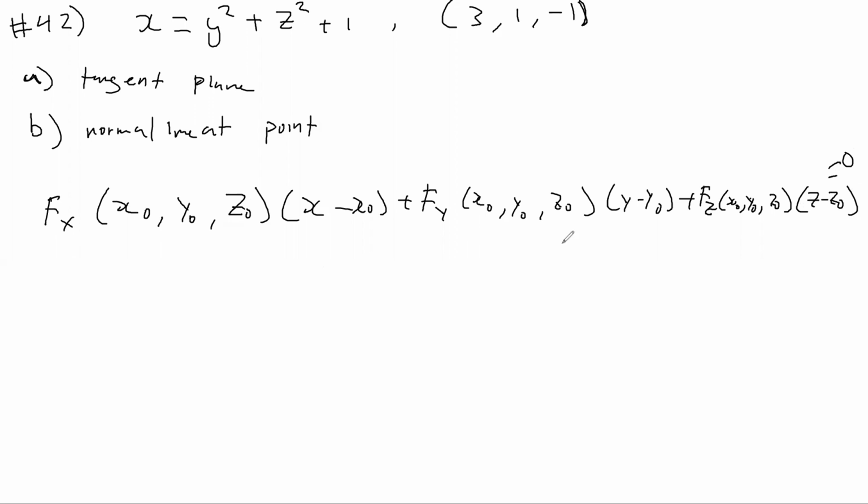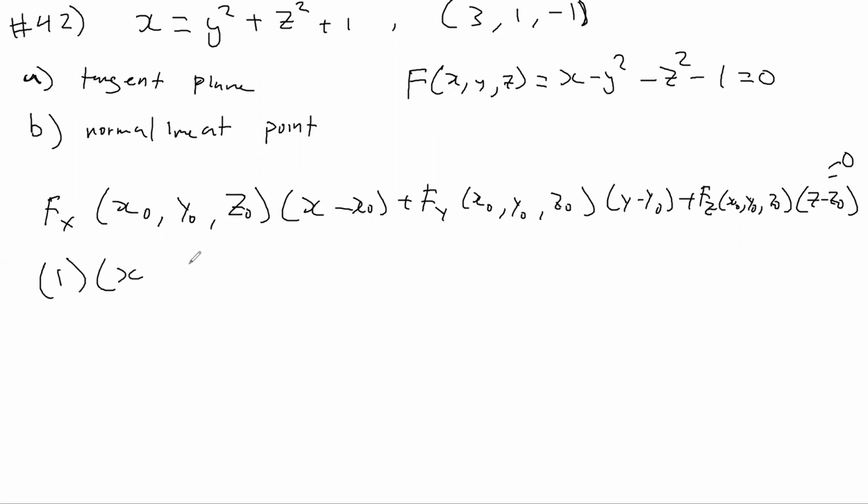All right, so solving this equation, what you can see is that we need a function f in terms of x, y, z. And that function is right here. f of x, y, z is essentially x minus y squared minus z squared minus 1, which is equal to 0. Now taking the partial derivative in terms of x, we get f sub x as 1, multiplied by x minus x naught.